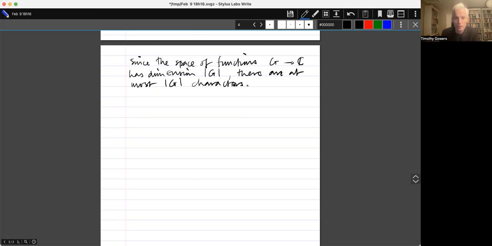That's because orthogonal functions are independent, a fact that I assume that you know. A bit less trivial is that they actually span the space of functions. In other words, there are exactly size of G characters, and I'm not going to prove that in full, but I'm going to prove it assuming the structure theorem for finite abelian groups.